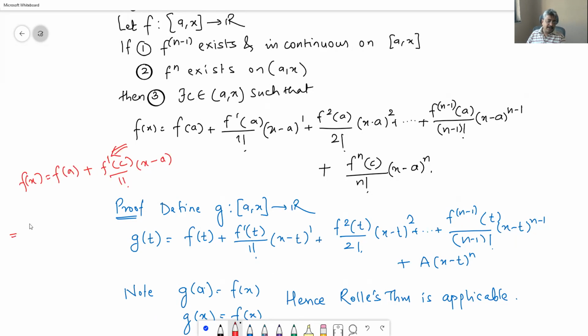And if we simplify this, we get f of x minus f of a upon x minus a is equal to f dash of c. So this is LMVT. Lagrangian mean value theorem happens to be a special case of Taylor's theorem. That is why it is important.